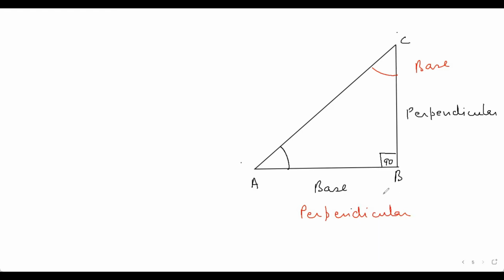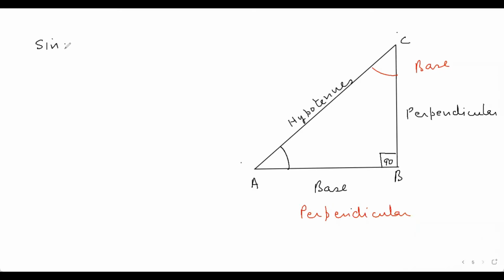Now try to understand it, and this is very important. When we talk about angle A, then we take AB as base and BC as perpendicular. When we talk about angle C, then BC is base and AB is perpendicular.